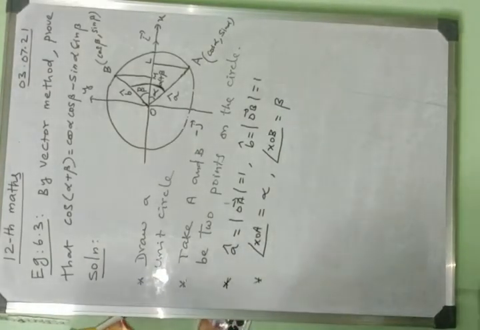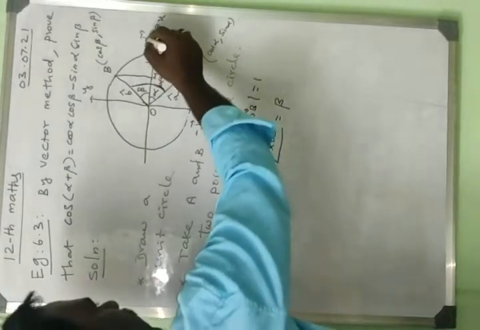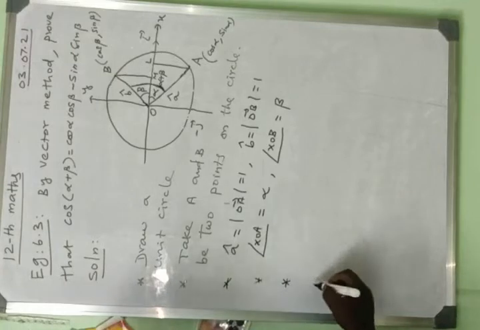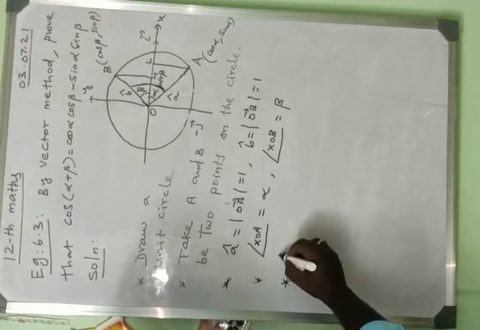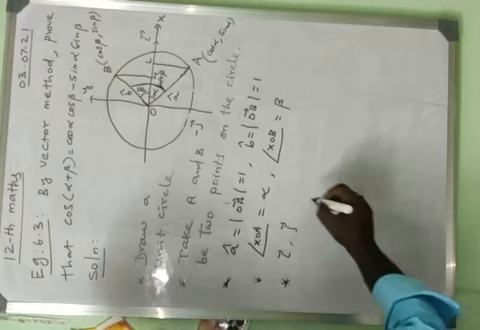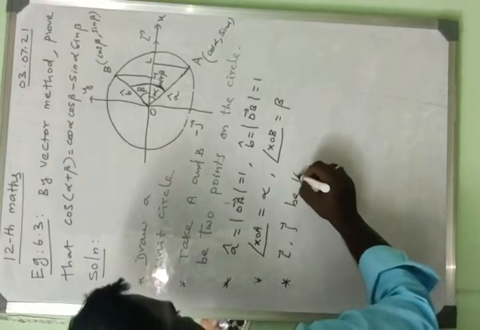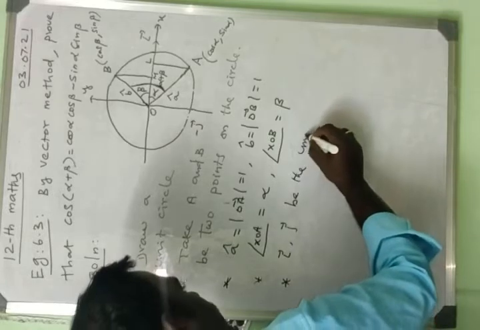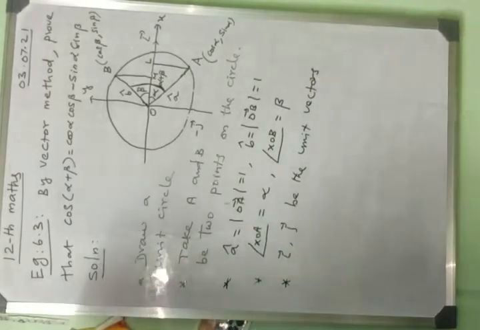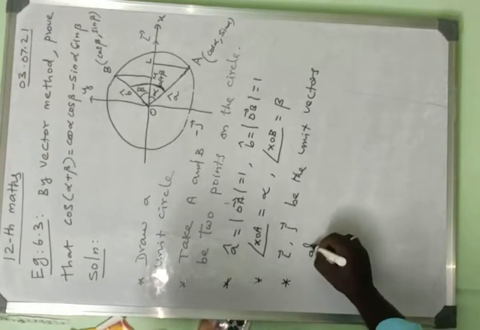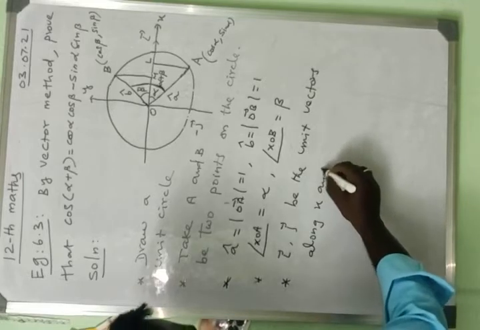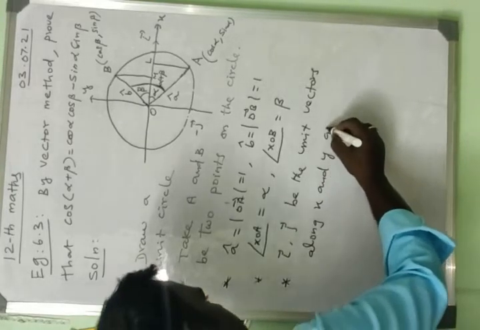Okay, next, what is the unit vector here? X-axis unit vector I, Y-axis unit vector J. So next we mark here: vector I, vector J be the unit vectors along X and Y axis.